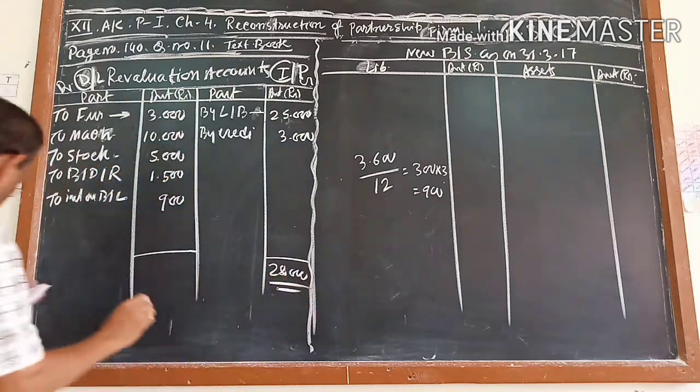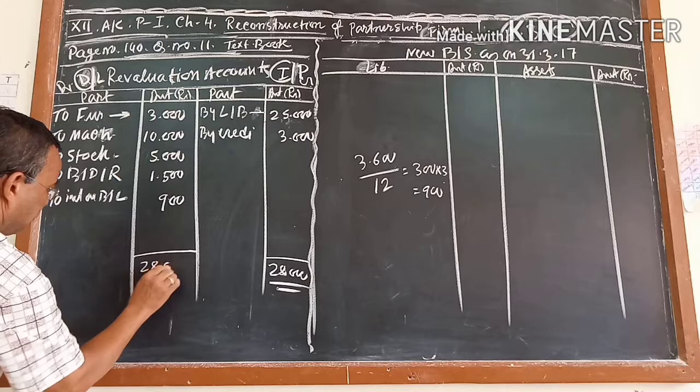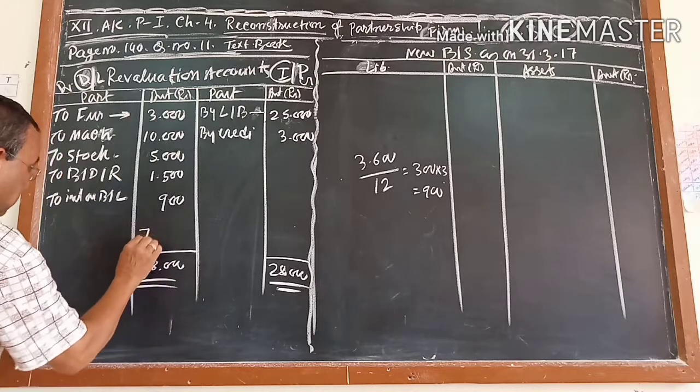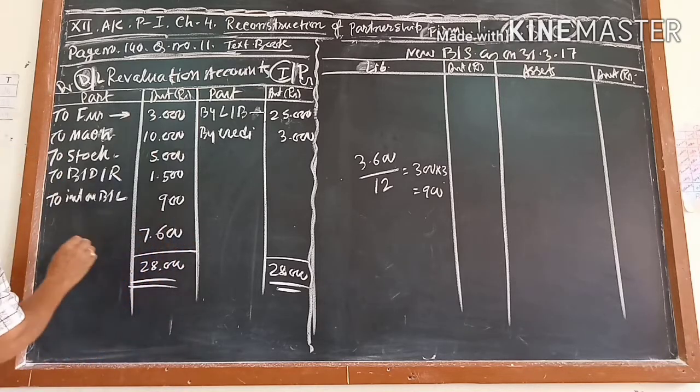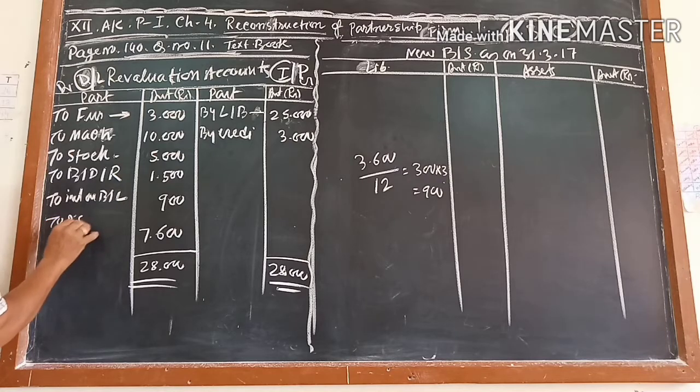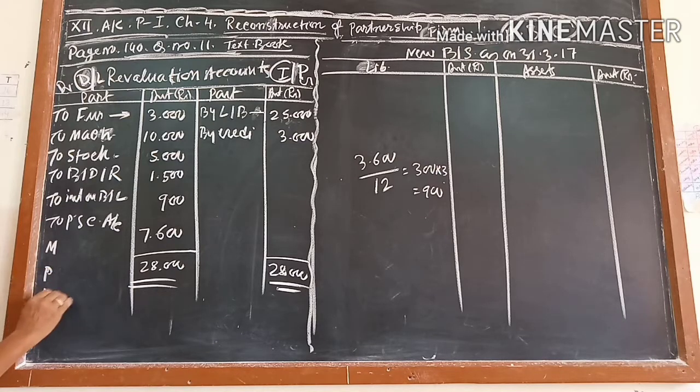If you do it, you will get 28,000 and you will get the balance of 7,600. That is called the partners' current account. And if you distribute according to the old ratio, what is given as the old ratio? 5:3:2.